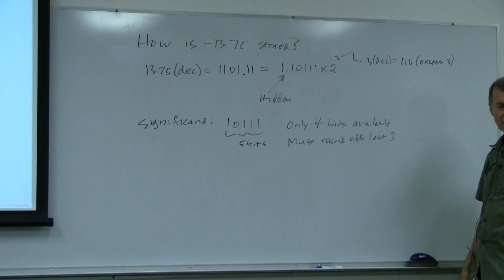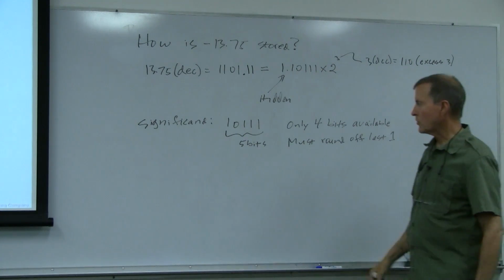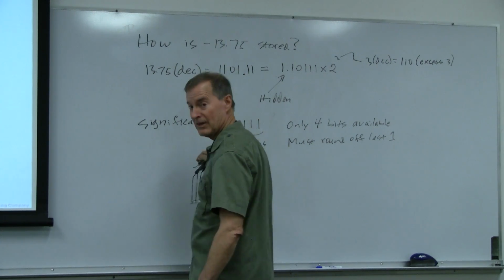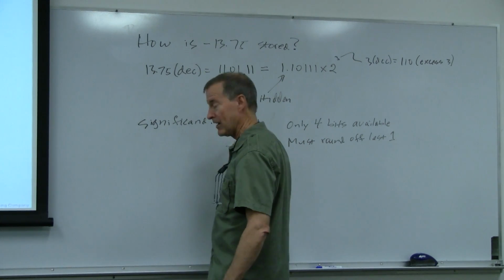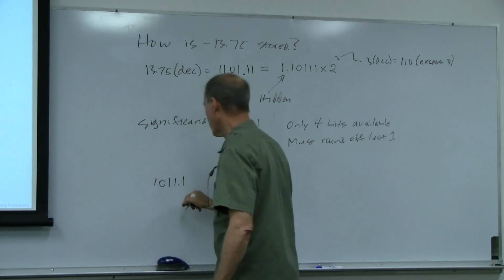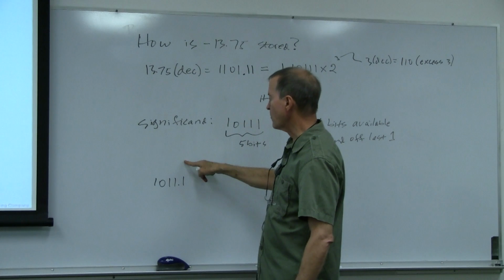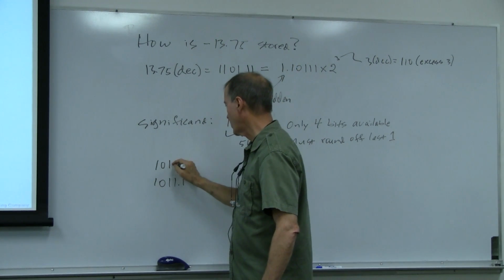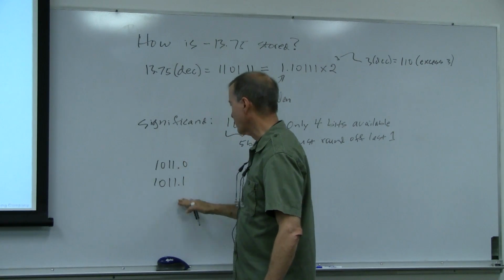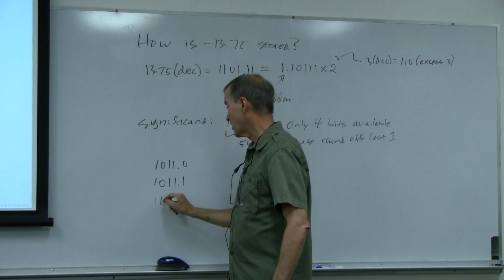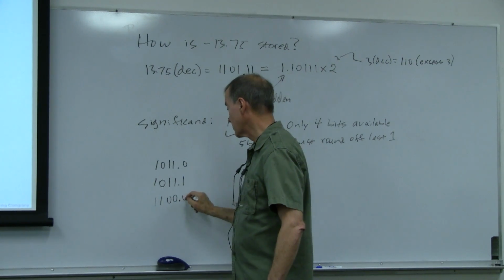Is everyone good? So here's the question. If there were a binary point here, 1011.1, and we round this down, we would have 1011.0, and if we round it up, we would have 1100.0.